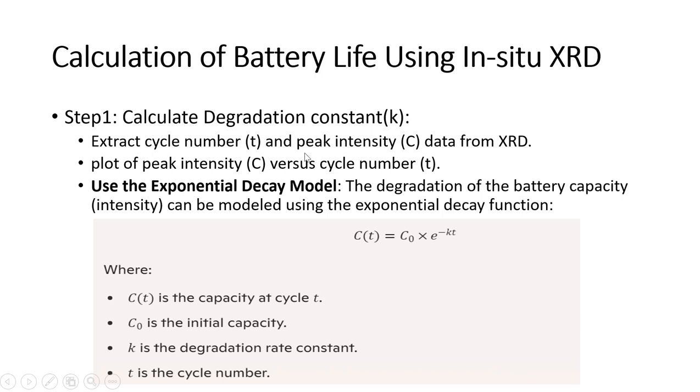Then we use the exponential decay model. The degradation of the battery capacity, that is intensity, can be modeled using the exponential decay model, which is C of t equal to C naught times e raised to minus kt, where C of t is the capacity at cycle t, C naught is the initial capacity, which is generally 100%, k is the degradation rate constant, and t is the cycle number.